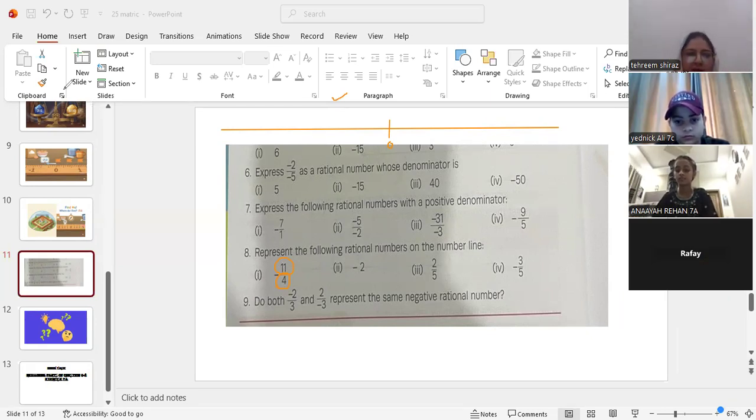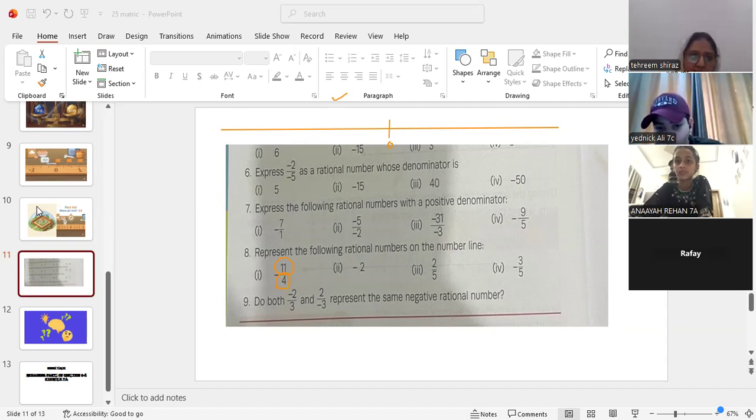Now, the next step is we have to see the denominator. The denominator is 4. We have to convert this number line into 4 equal parts. How am I going to do this?